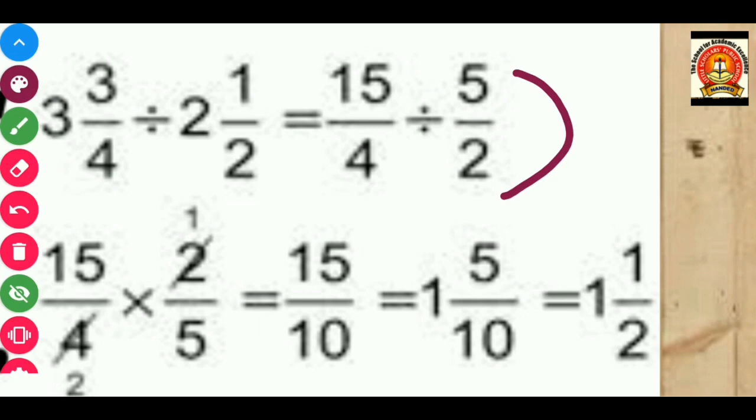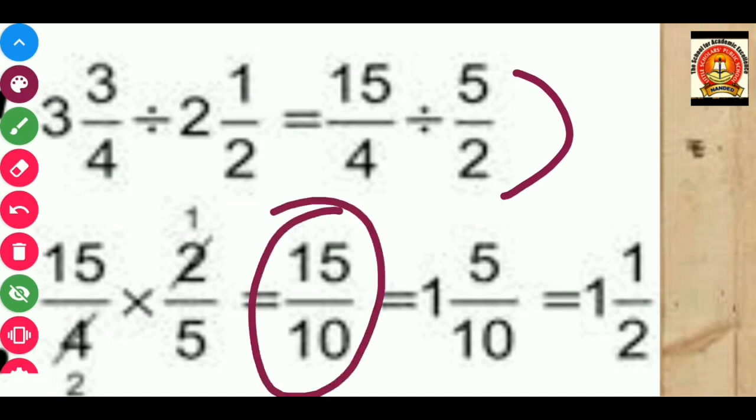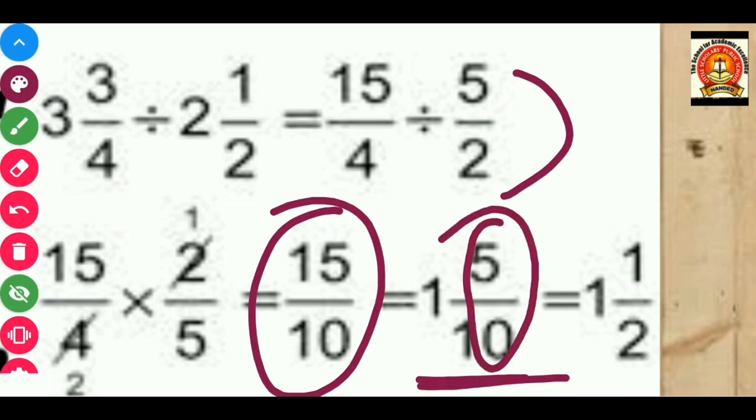And here you can divide, 2 1s are 2, 2 2s are 4, and then you can also cut 5. After simplifying you will get 15 1s are 15 and 2 5s are 10. Then this is an improper fraction. The improper fraction you can write as a mixed one, 10 1s are 10 and 5, 1 by 10. Again here 5 by 10.